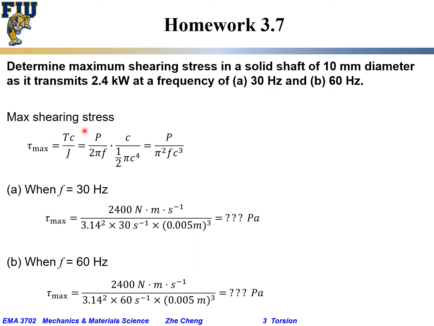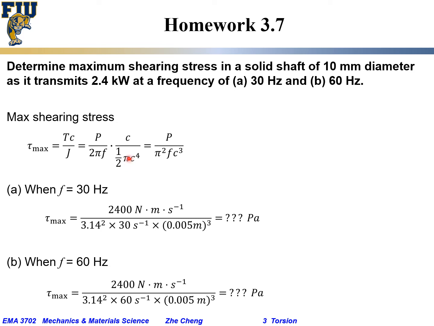From what we learned, tau max, the maximum shearing stress, would be Tc over J for a solid shaft. And what is T? If we know the power, then the torque would be P over 2 pi F, because 2 pi F times T equals power. Okay, and then c we put it here.